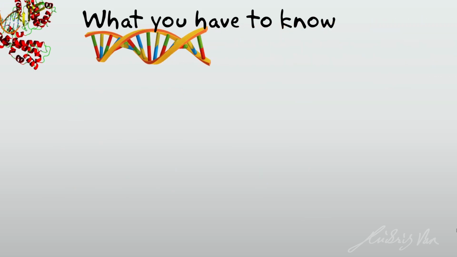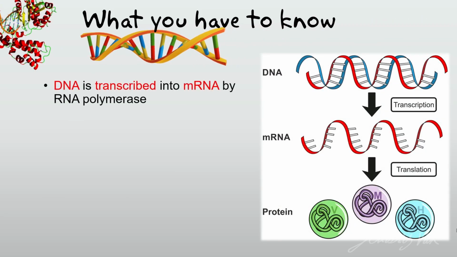So all you have to know is this. DNA is transcribed into mRNA. This is done by RNA polymerase. The important words are in red. So RNA polymerase is actually not very important. Why I included it down here is because I'm going to mention that mRNA is translated into protein by ribosome.